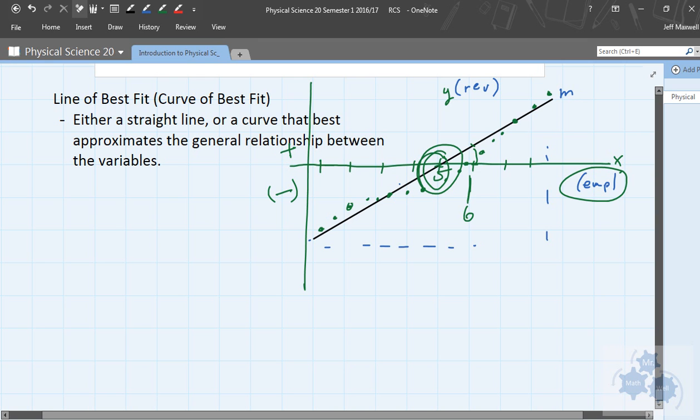Now, what are some good rules to keep in mind when we're drawing a line of best fit? Okay, well, let's talk about that. Okay, so a line of best fit, and I'm just going to abbreviate it LOBF.